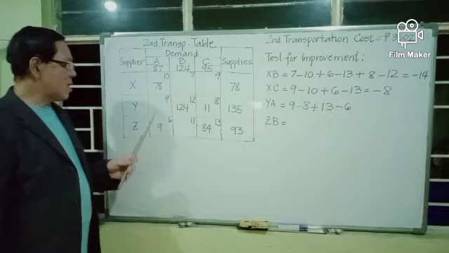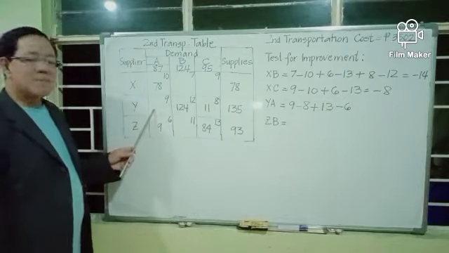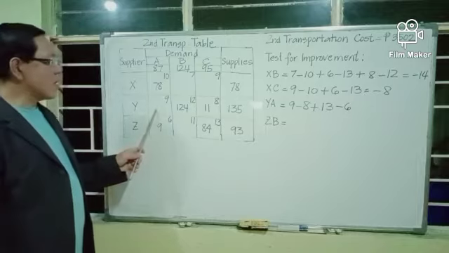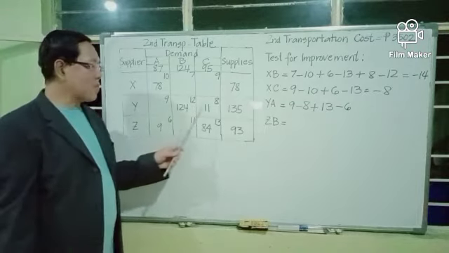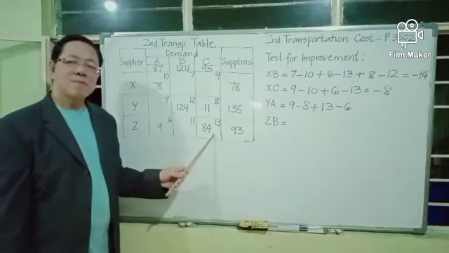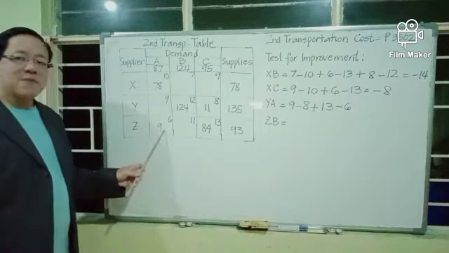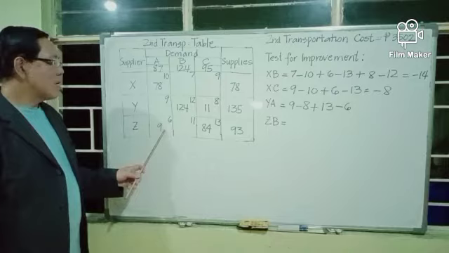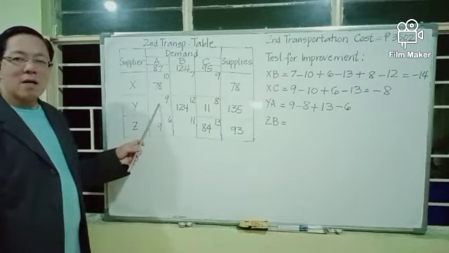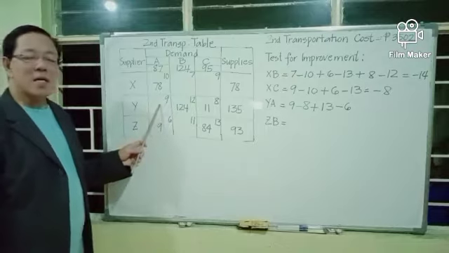Again, the close spot for the vacant cell YA: the first move is horizontal to the right up to 11, vertically downward to 84, horizontally to the left up to 9, and back by vertical movement from 9 to this vacant cell YA.